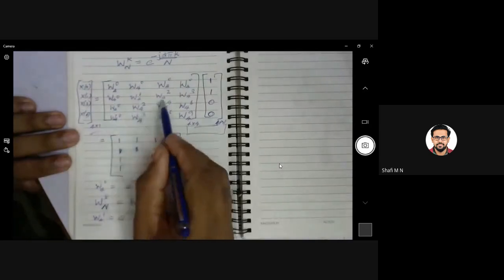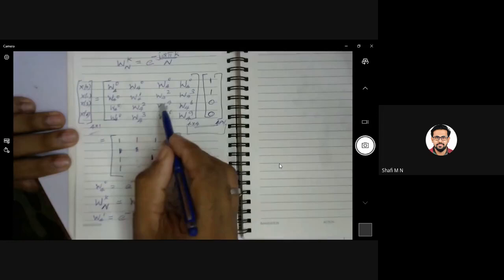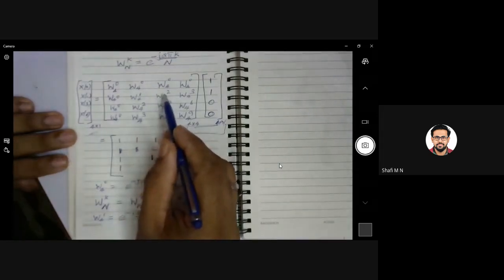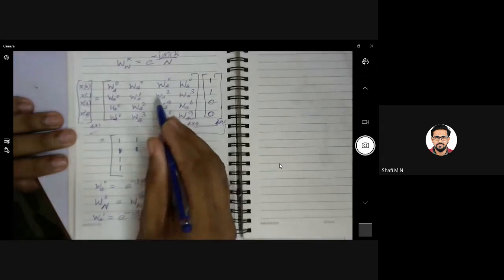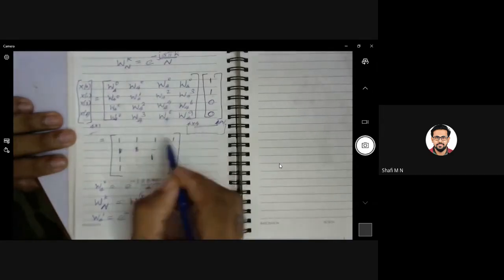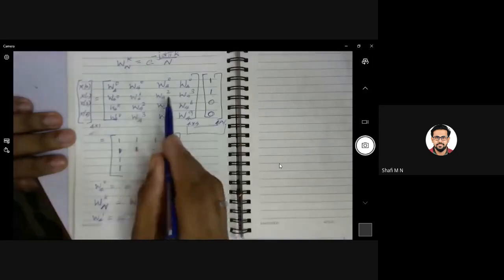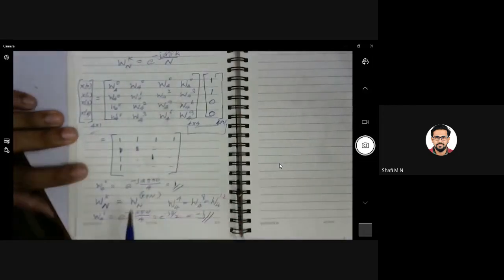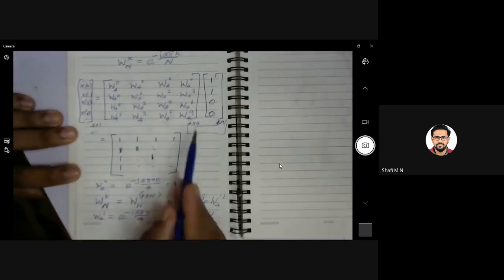Then one more thing you can say: W42, any other terms with equivalent values? When you find W42, the value will be minus 1. According to this property, W42 will be equal to W4 raised to 2 plus 4, which is W46.